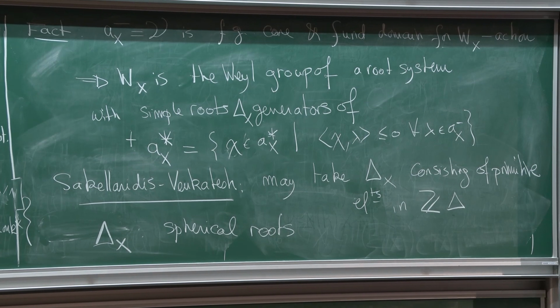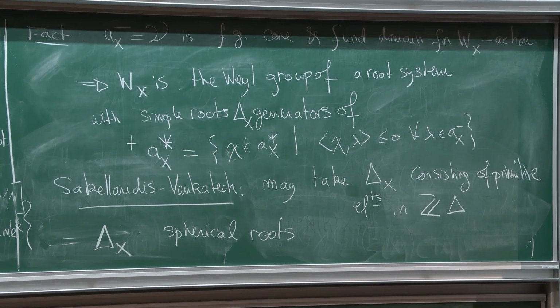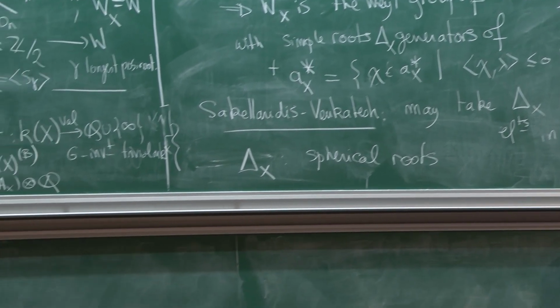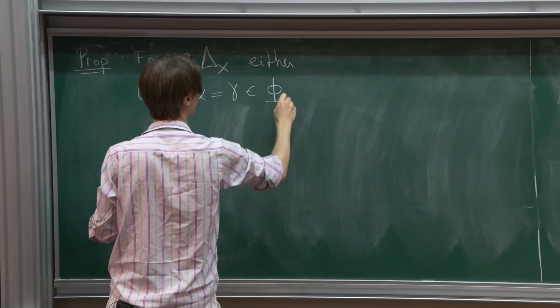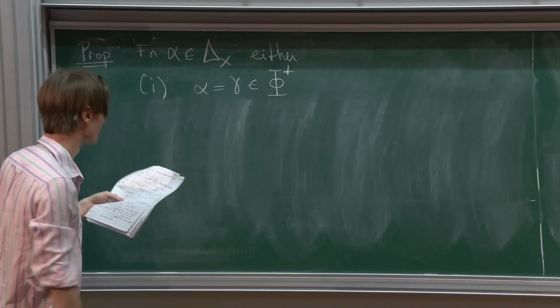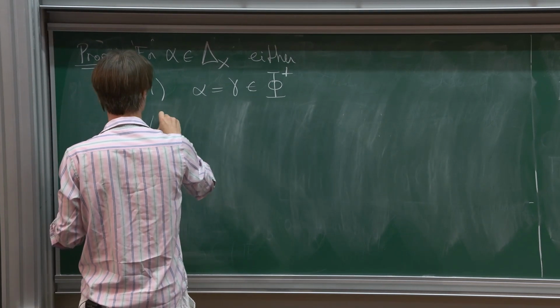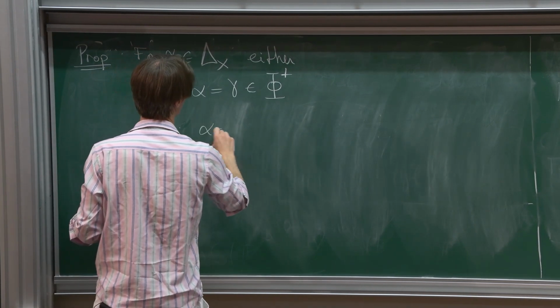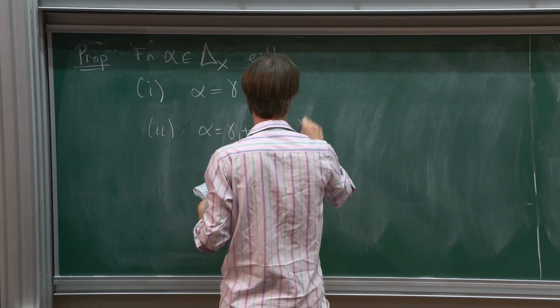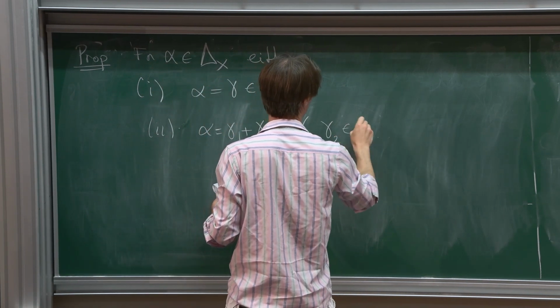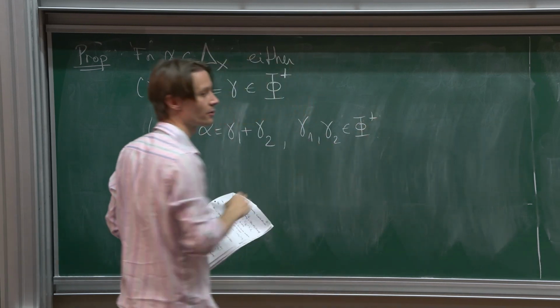So if you take a spherical root alpha, there are two cases. One, alpha is already a positive root for G, or alpha is a sum of two positive roots, gamma 1 and gamma 2, where gamma 1 and gamma 2 are positive. And actually, in this case, the decomposition is not unique.